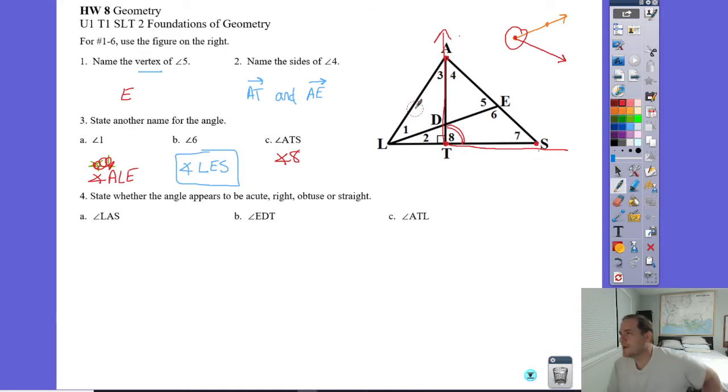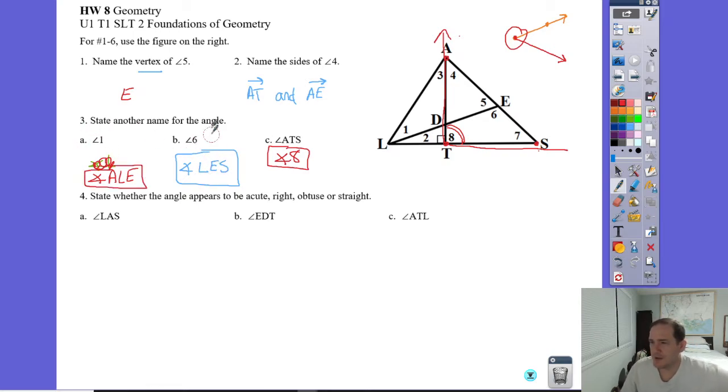So I will. We could have also named it what? Angle DTS. We could change letter A to D, and that would be fine. We could also just reverse it, say angle STA, and that would be a right answer. I would go with 8. I would go with AL for that one. I would go with LES for that one.